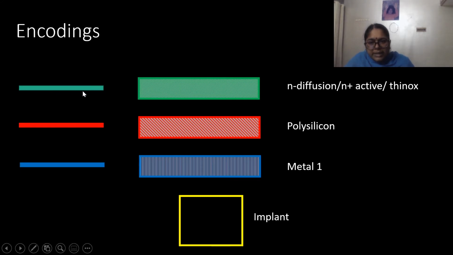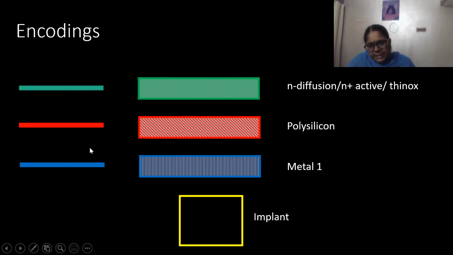If you use a green stick in the stick diagram, and in the mask layout you can see the shading is towards the left, then these layers indicate the N diffusion. Similarly, polysilicon can be represented using a red stick, or in mask layout the shading towards the right. That is the layer indicating polysilicon.